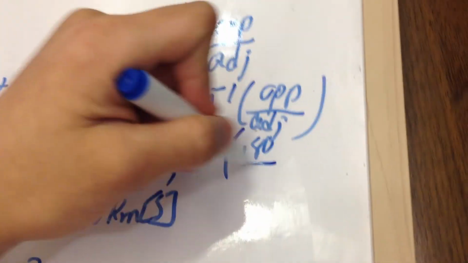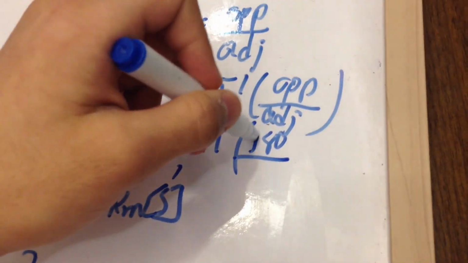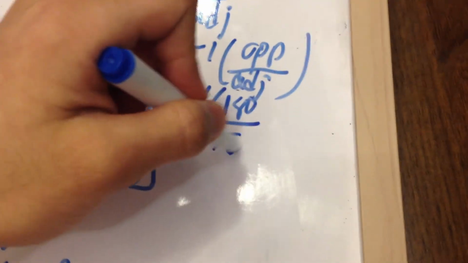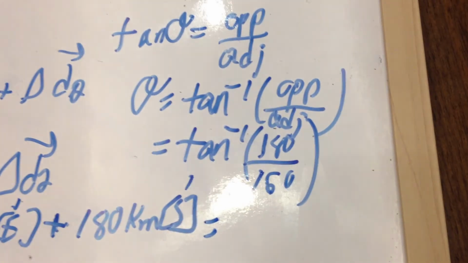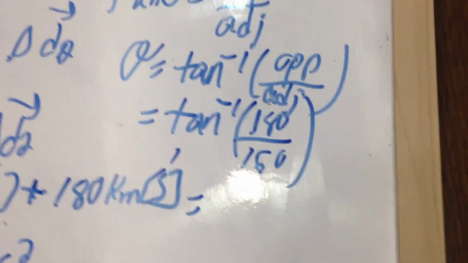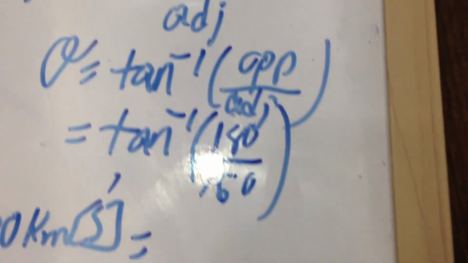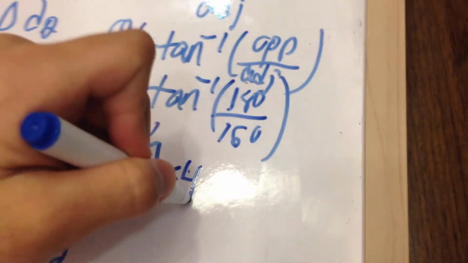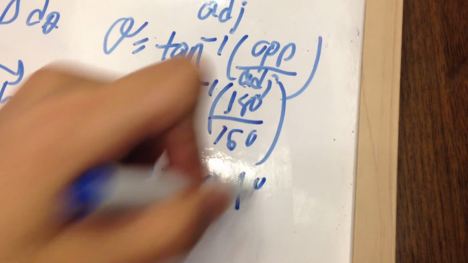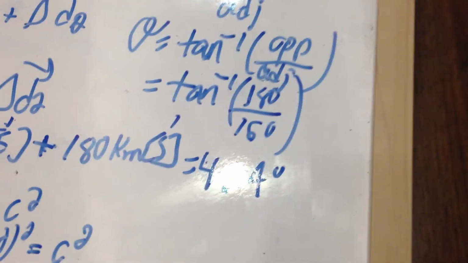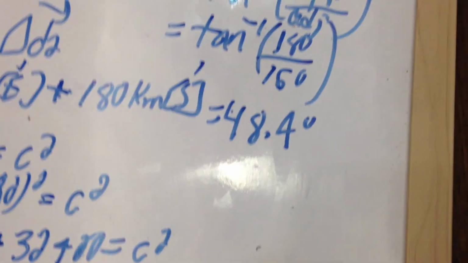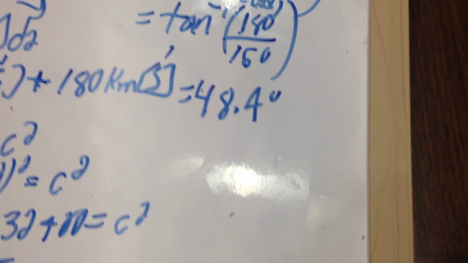Our opposite value is 180 and our adjacent value is 160. When we calculate this, we get a value greater than 45 degrees, so we get 48.4 degrees. However, anything over 45 degrees is unacceptable.